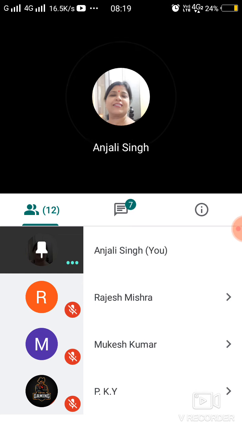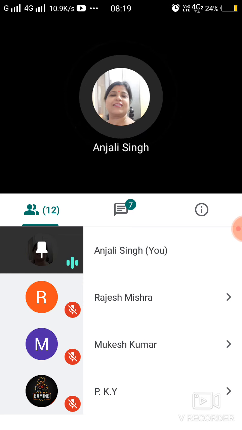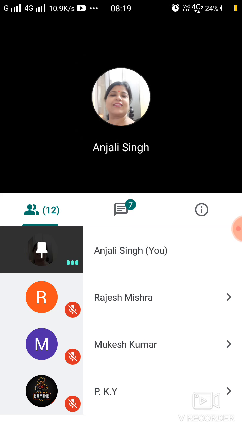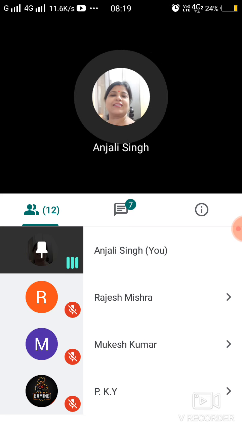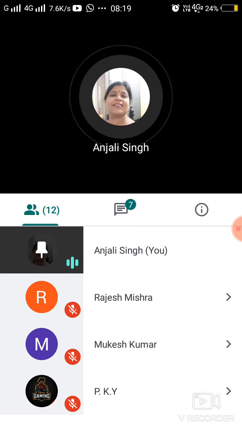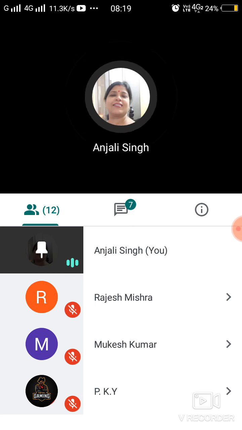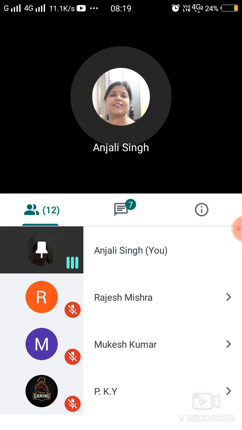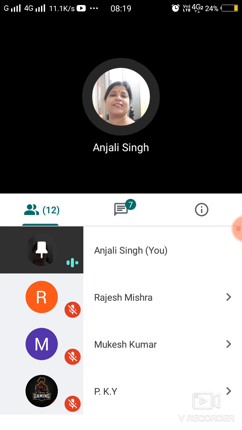Then, by the process of evaporation, heat the filtrate in a china dish to evaporate water from the salt, and crystals of salt will be left behind. In this process also, we are separating three components of the mixture, that is salt, ammonium chloride and sand, by three different methods, that is sublimation, filtration and evaporation.